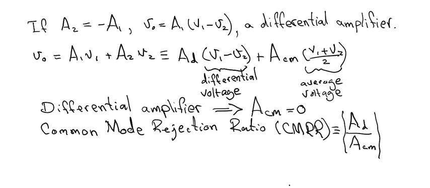This difference term, V1 minus V2, is called the differential voltage. And the V1 plus V2 over 2, that average voltage, is called the common mode voltage.